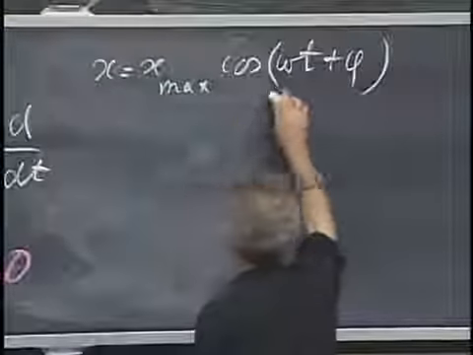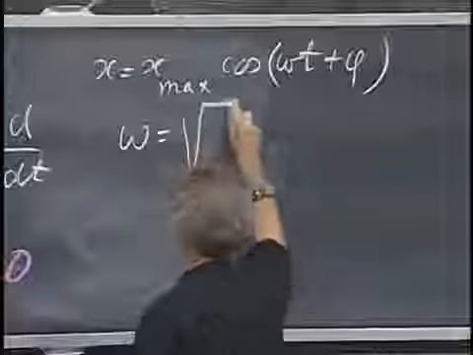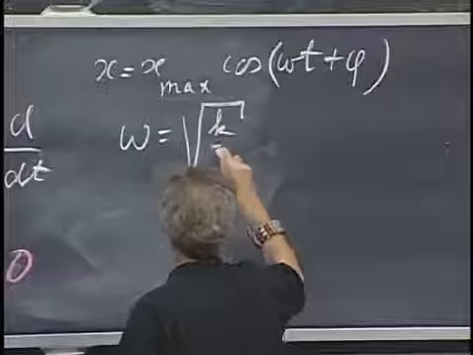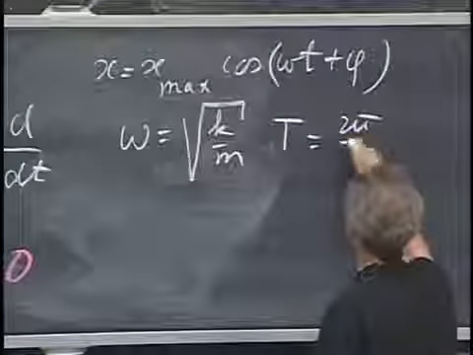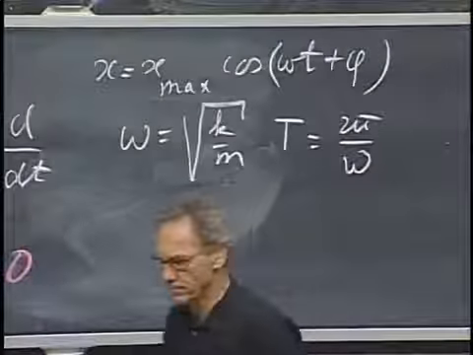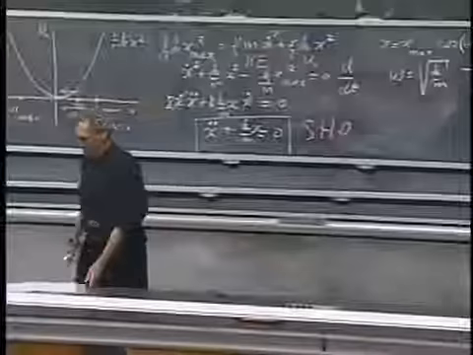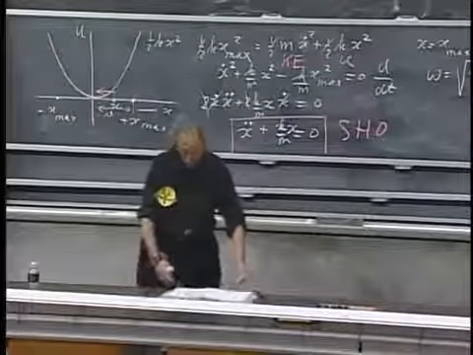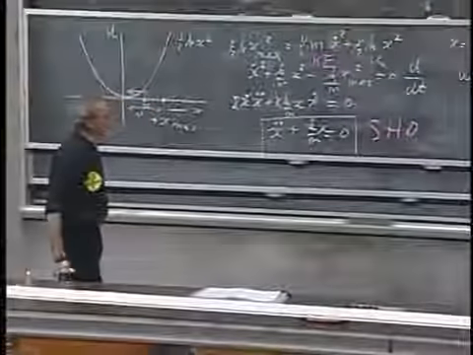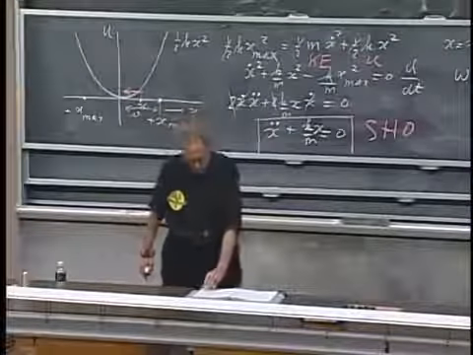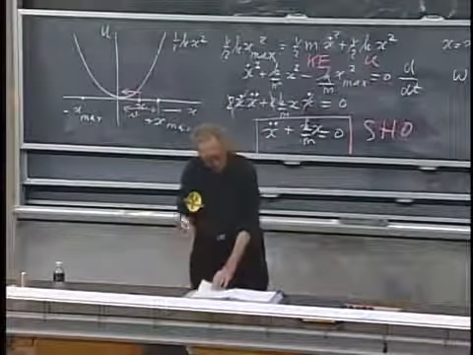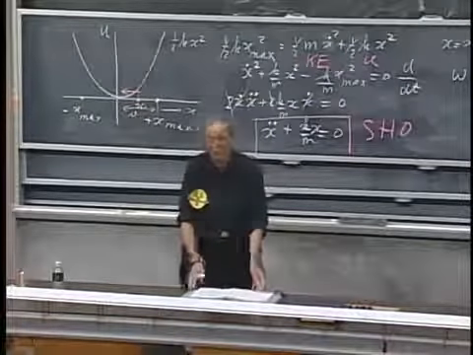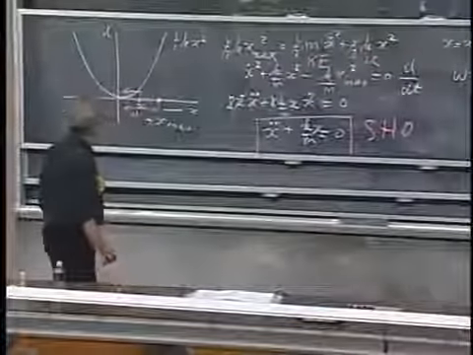This is the amplitude, and omega equals the square root of k over m. The period for one oscillation equals 2 pi divided by omega. We were able to apply the conservation of mechanical energy because spring forces are conservative forces. So you've seen in a completely different way how you arrive at the same result.